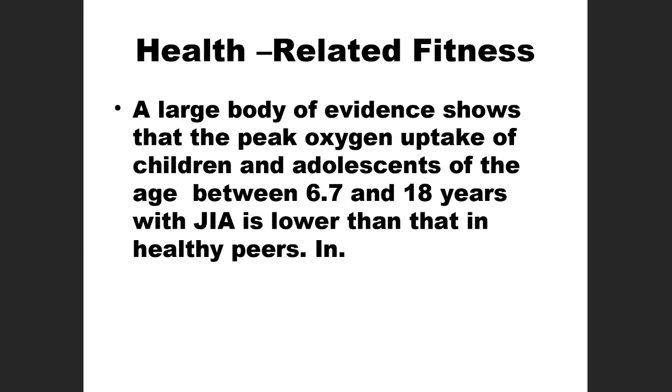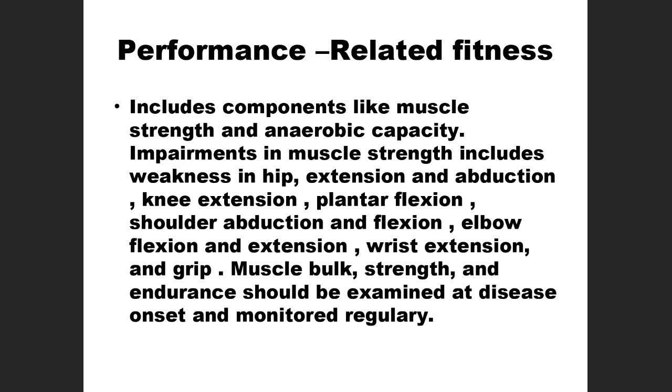That means as they increase in age, the disease will progress and their physical activity power will decrease. So what does this indicate to us? This indicates that we should start a physical fitness program for any child who is diagnosed with the disease as early as possible to maintain the body.